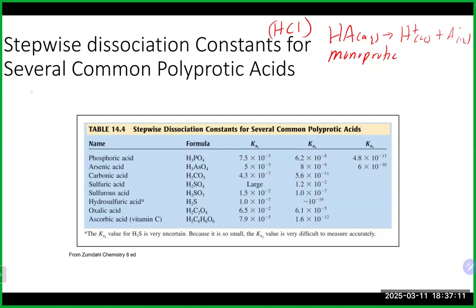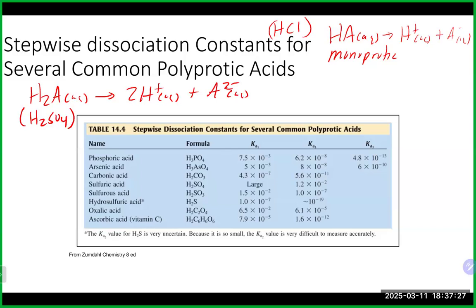If you have a diprotic acid, which has essentially 2 hydrogens to give, it would ultimately, at the end of the road, give away 2 hydrogens, and we'll end up with something like this. Sulfuric acid is an example of that. And again, that is a diprotic acid, di meaning it has 2 protons to give.